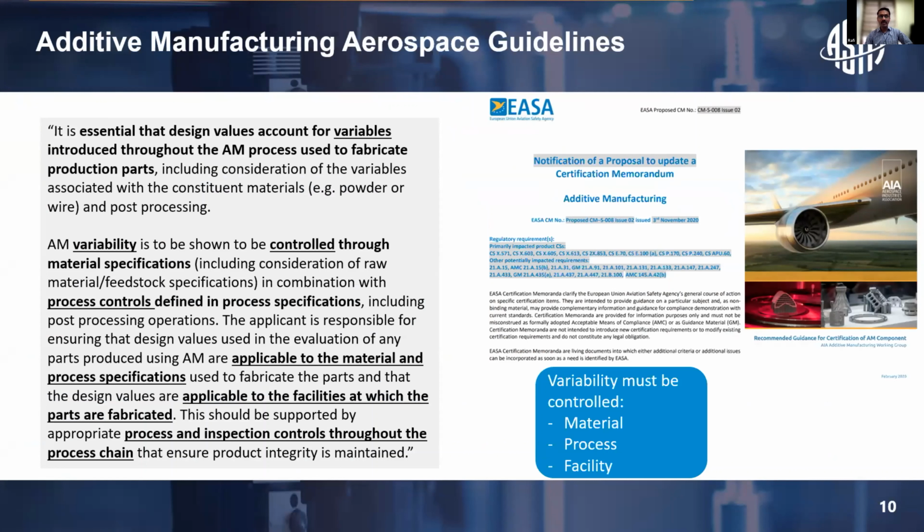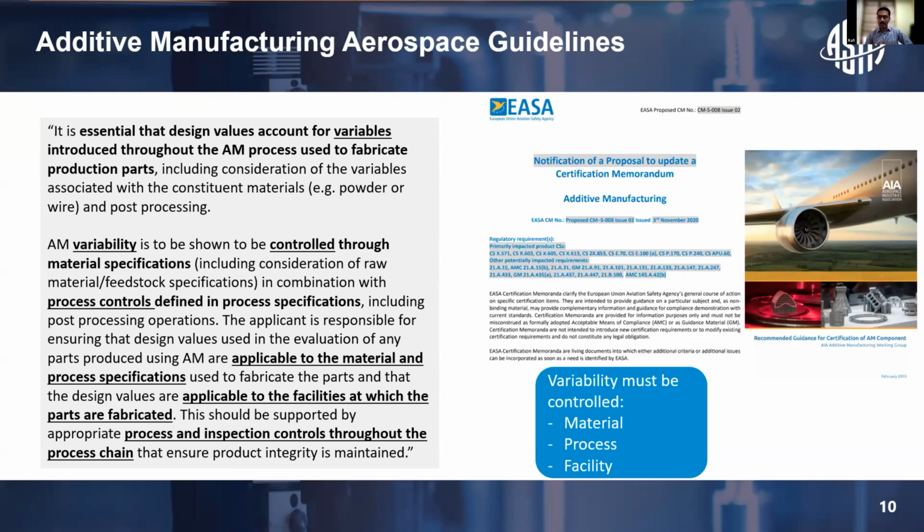So one of the important requirements with aerospace, or one of the natures of aerospace, is that the industry is strictly regulated. It's a highly regulated industry, which means before you put any parts into use, it has to go through multiple requirements.